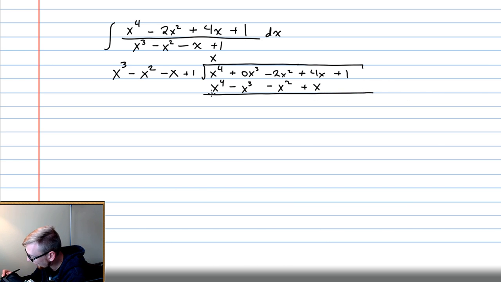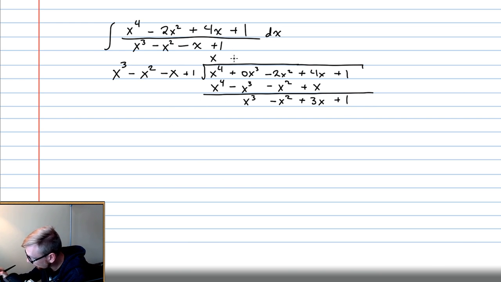And now you'll subtract the second row from the first row, which this will cancel out and give us 0, and this will give us a plus x cubed, and minus 2 plus 1 is minus 1 x squared. 4 minus 1 is 3, and then we'll bring the 1 down.